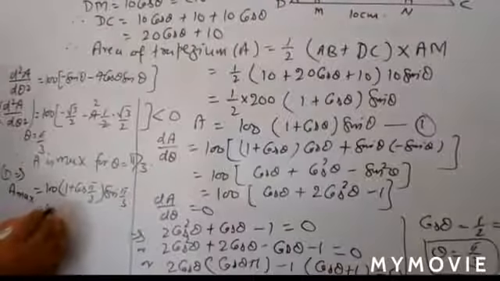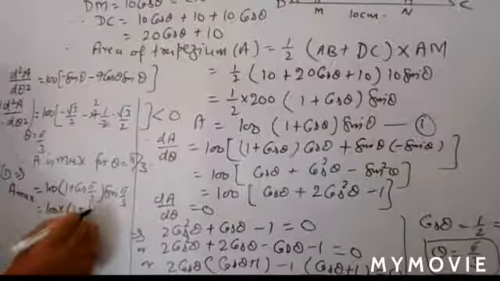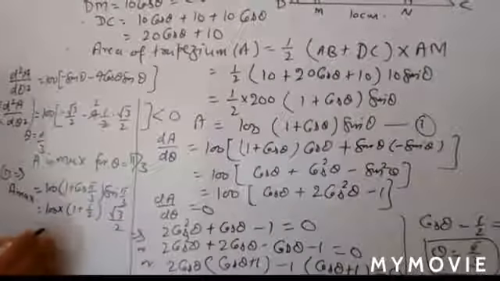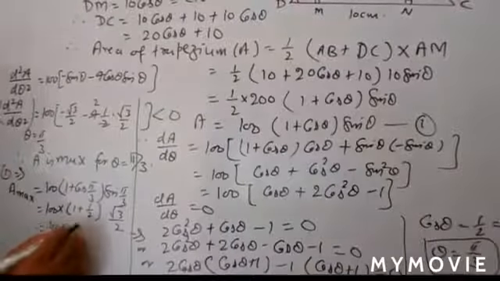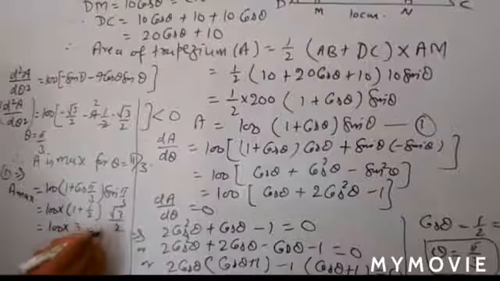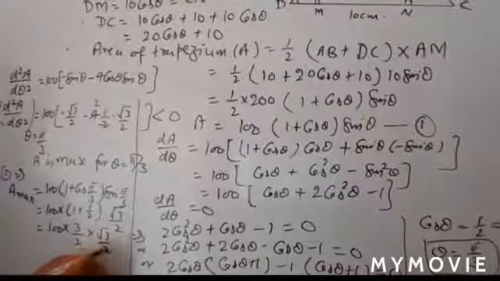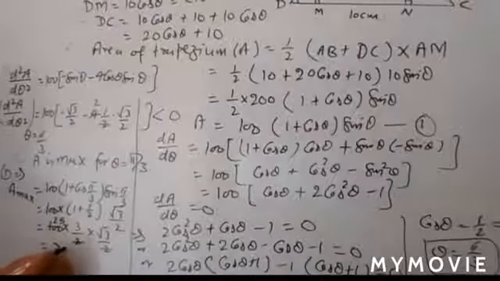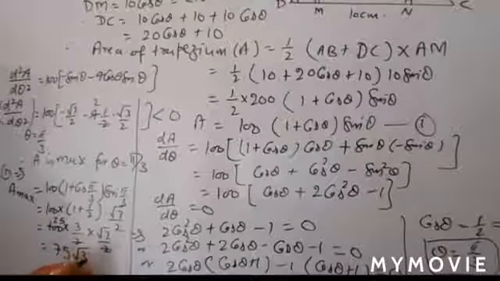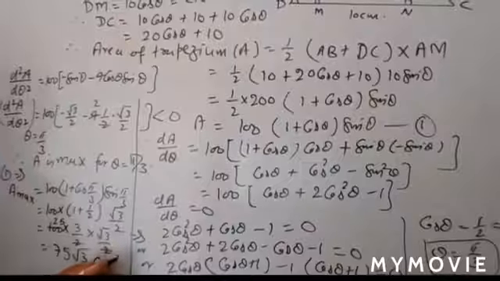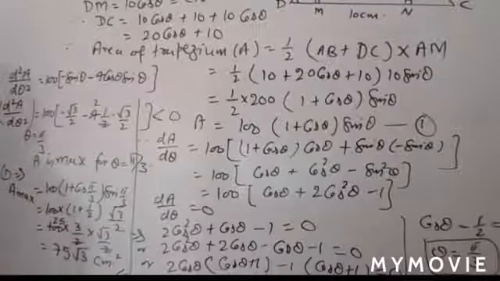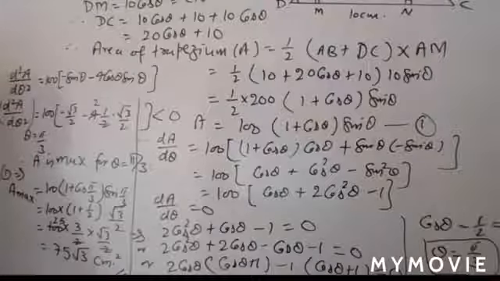So that is 100 into 1 plus 1 upon 2 into root 3 by 2. So 100 into 3 by 2 into root 3 by 2. So 2 2 is 4, here you have 25. So 75 root 3 centimeter square is the maximum area of trapezium. Note it.